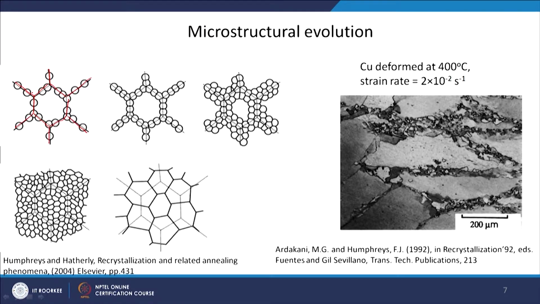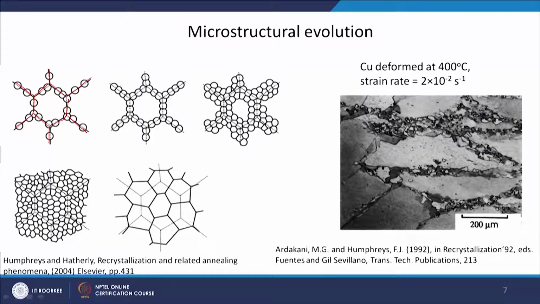And now, as the deformation is progressing, you have a higher dislocation density in general. If you see how the dislocations are distributed within the grain, you will know that the dislocation density is more close to the grain boundary as compared to the grain interior.